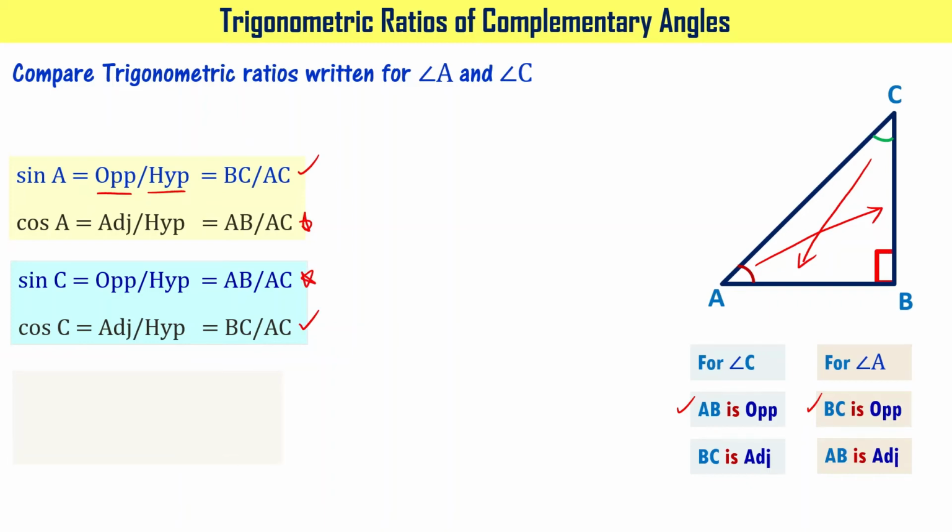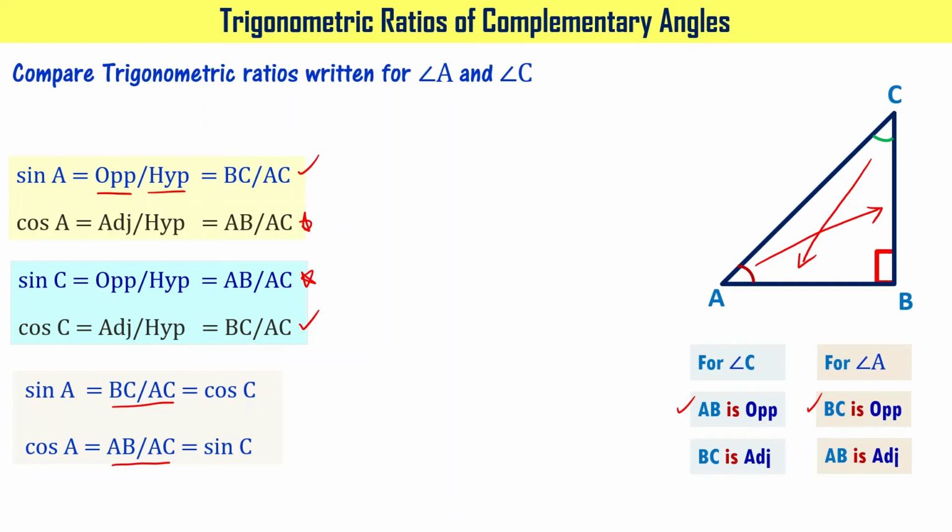Based on that, what we can say is sin A equal to cos C, because both are equal to BC by AC, right? Then cos A equal to sin C, because both are equal to AB by AC. Got it?